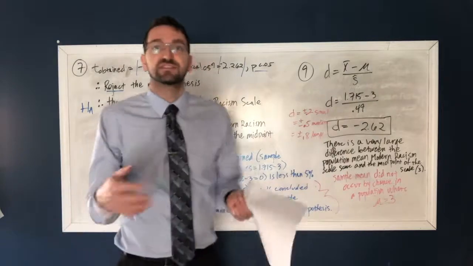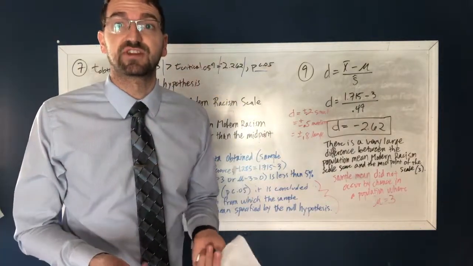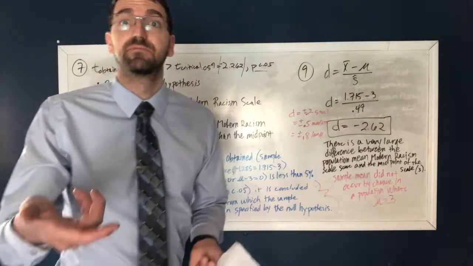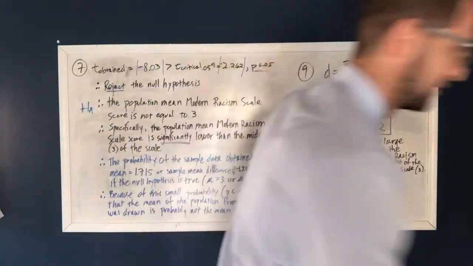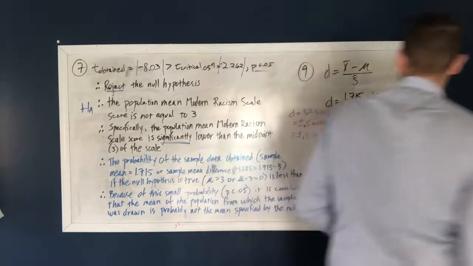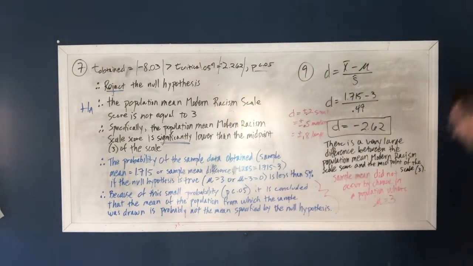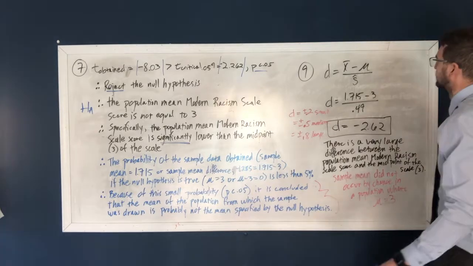So the difference is huge. Huge in which direction? Negative, which means it's below the 3. Okay, so take a look at that. Then I'm going to erase it so it doesn't distract us from the next thing we have to do.